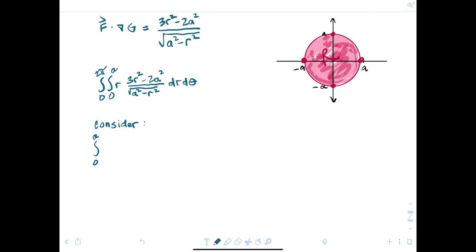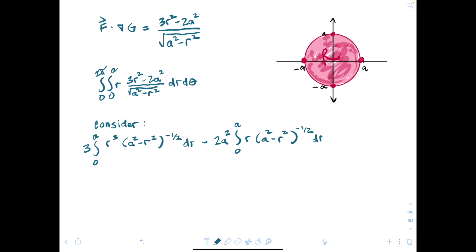We're going to have 3 on the outside, times the integral of r cubed times a squared minus r squared to the negative 1/2 dr, minus 2a squared times the integral from 0 to a of r times a squared minus r squared to the negative 1/2, with respect to r.